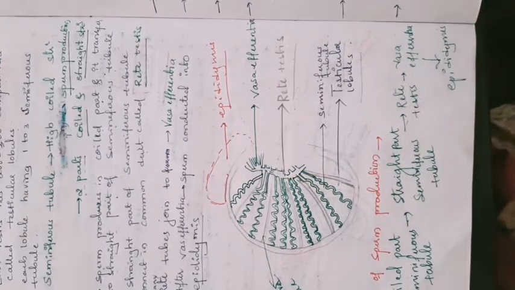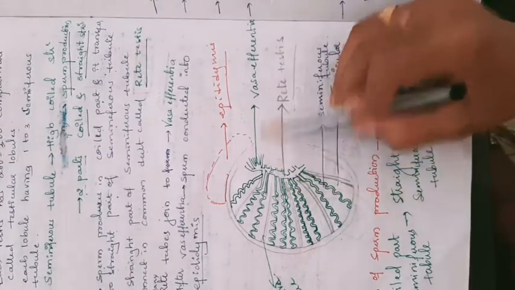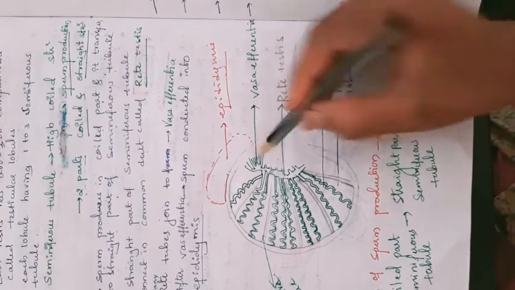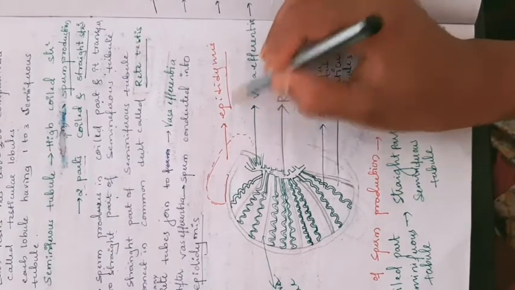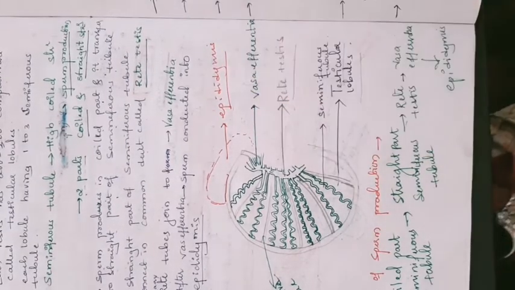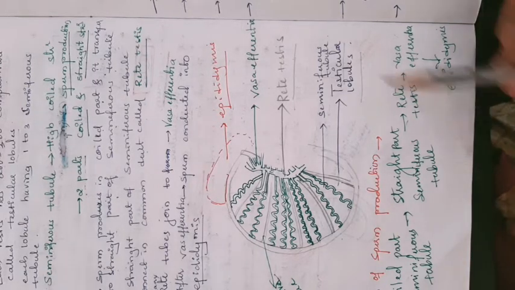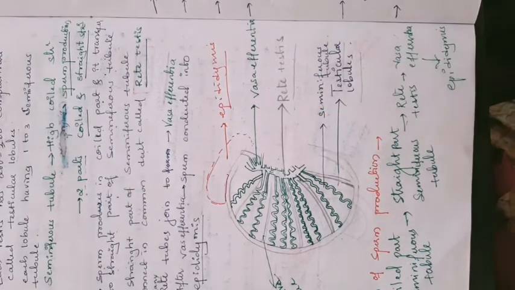After the rete testis, it is connected with the vasa efferentia duct. That vasa efferentia finally connects with the epididymis. The epididymis is a loop-like structure and is highly coiled. The epididymis helps in sperm storage. This much we discussed in the last class.